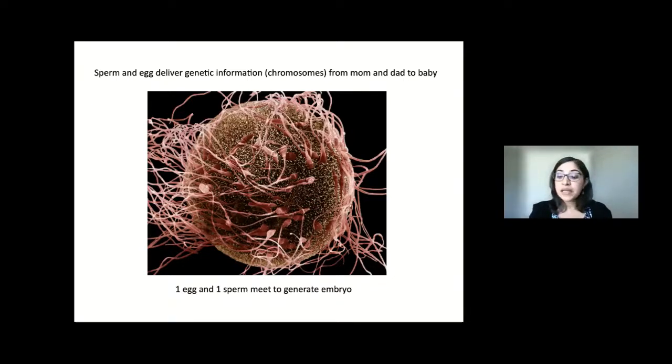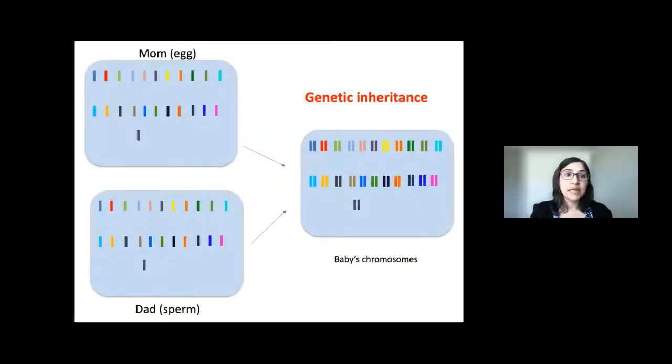Now, what happens at the genetic level during this time is you have, this is the egg and this is the sperm. So our germ cells undergo a special kind of division so that when they're developing, we actually reduce the number of chromosomes. So in every cell of our body, the somatic cells, such as muscle, brain, heart cells, we have 2 sets of each chromosome, but in our germ cells, we have only 1 set.